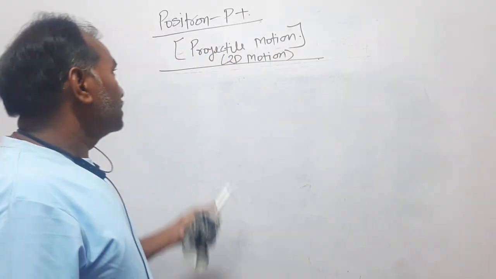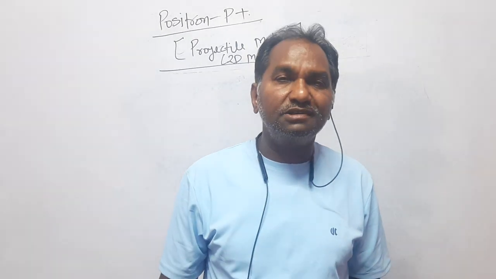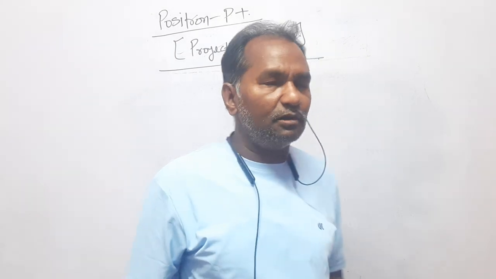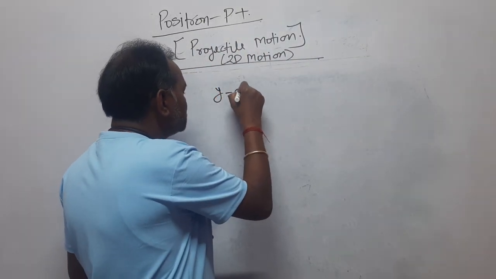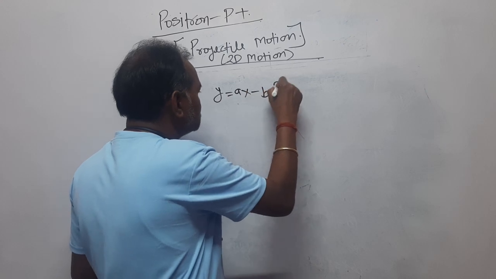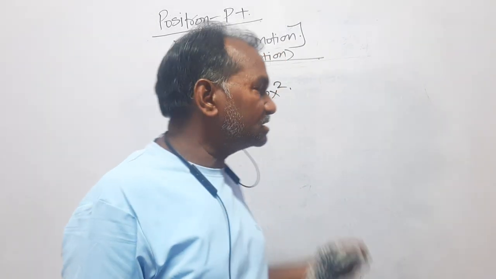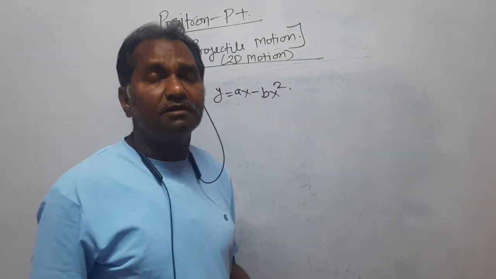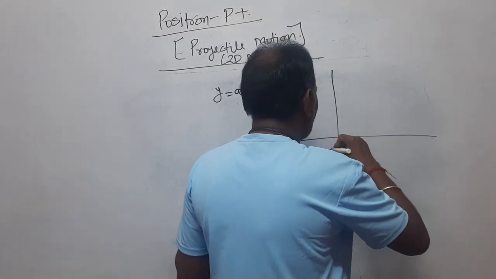Now, dear student, we are studying projectile motion. In projectile motion, the equation that comes for a parabola is different. There is another equation, y = ax - bx². This is also a standard equation of a parabola. This equation represents a parabola, and its shape would be like this.